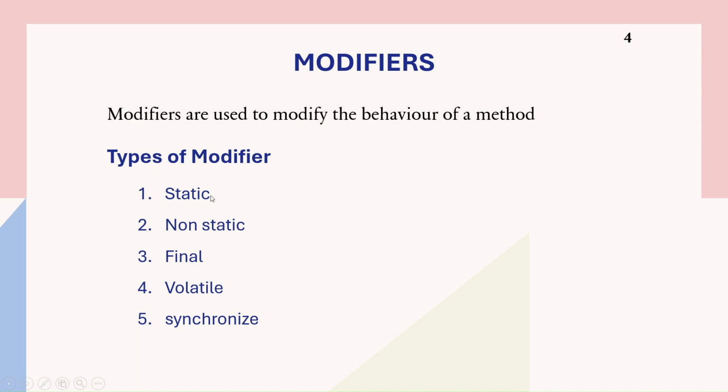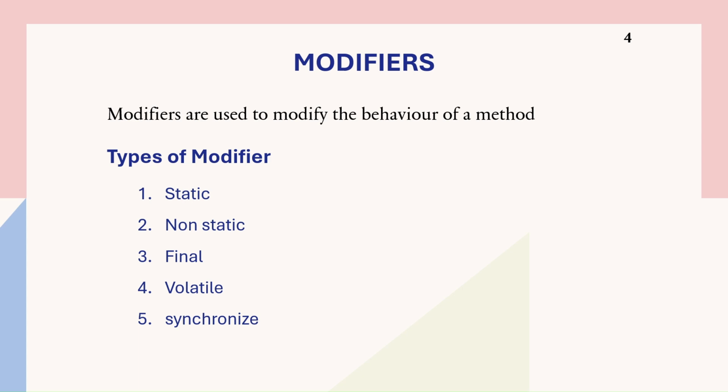If you mention static, your method behaves like a static method and you can call that method using the class name. Or if your method is non-static, like public void, that kind of method is called a non-static method. If you want deeper knowledge about static and non-static, I also made a video; you can go and check it out. Final means your variable, whatever you declare, will be final, and your method can behave like a final.